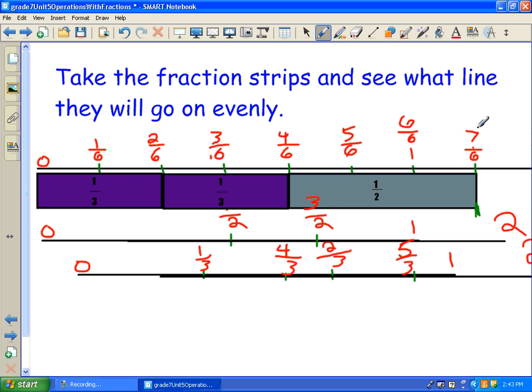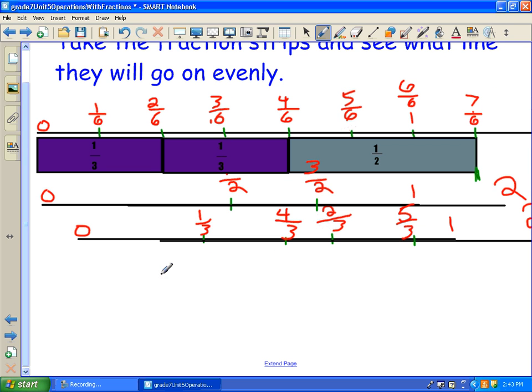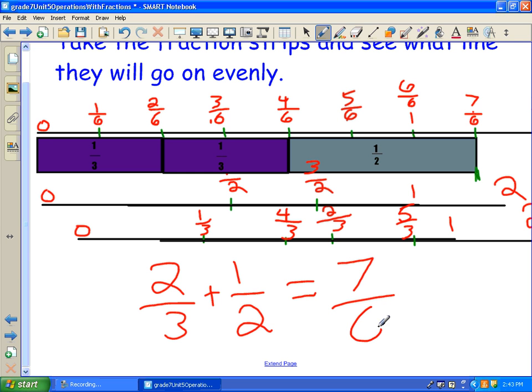This would be 7/6. So my answer to the question, what is 2/3 plus 1/2? The answer is going to be 7/6, or it's going to be greater than 1 whole in this case.